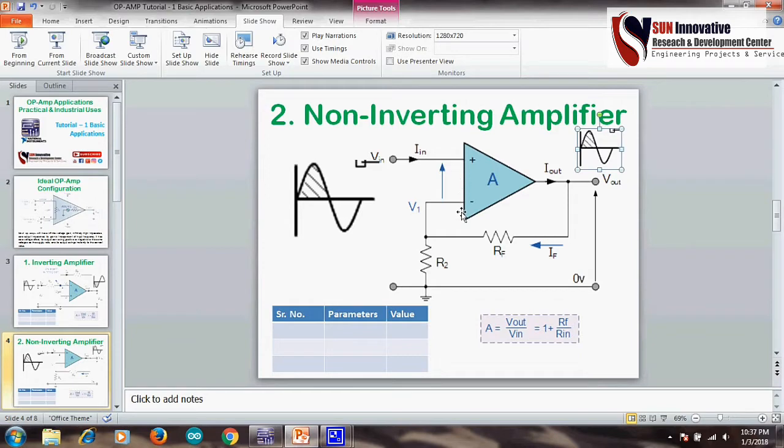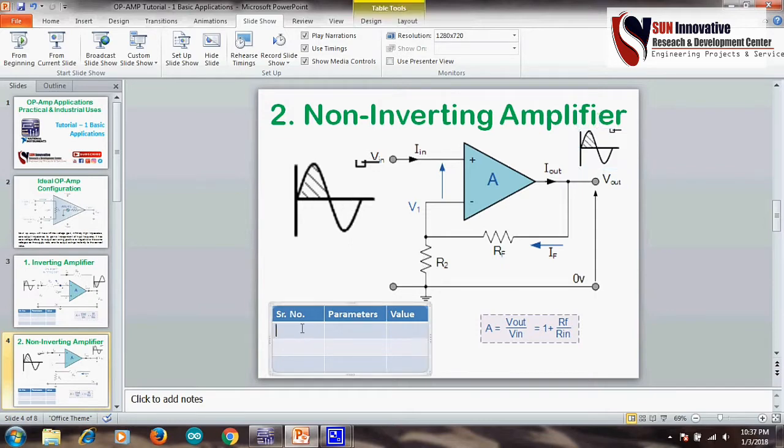The difference between inverting and non-inverting is that here the positive terminal is connected to the input signal of the op amp, and the negative terminal is grounded through the resistance, so that your signal is not going to shift its phase or the voltage sign of the DC voltage.